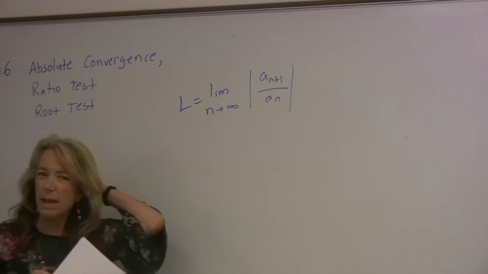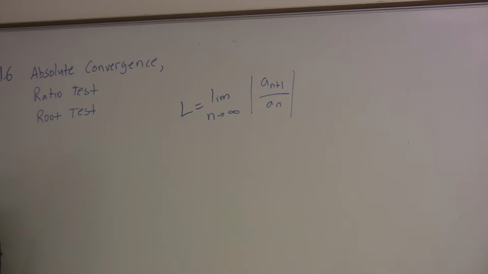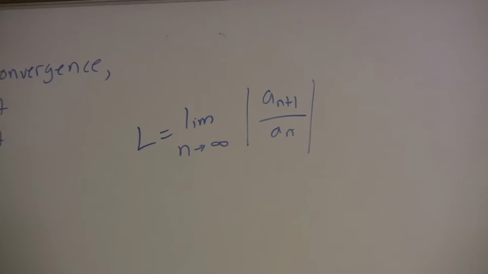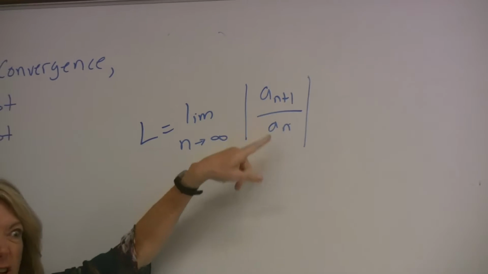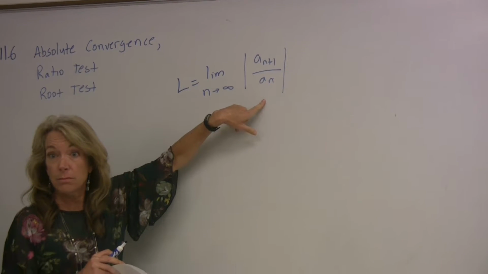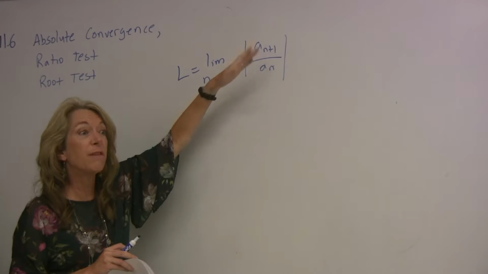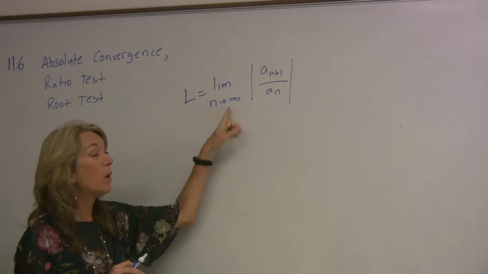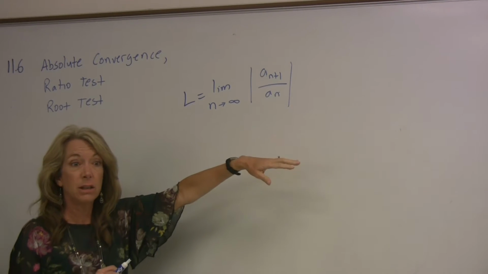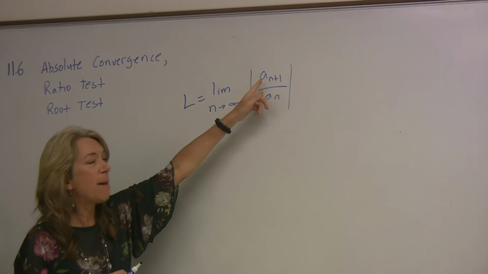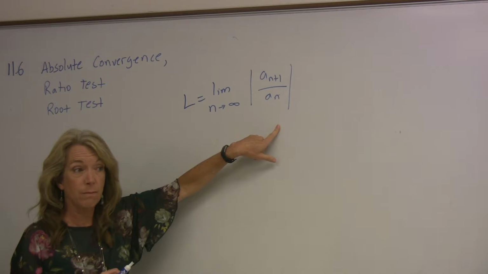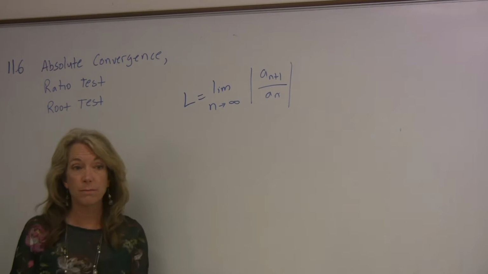Can someone tell me what that represents? Limit of the next term over the current term. Take some term over the term before it, like maybe the 7th term over the 6th term. In the long run, you take a term divided by the one before it, but way out there in your list, past the 4 billion mark. What happens if I take the ratio of this term over the one before it? We're going to call that L.